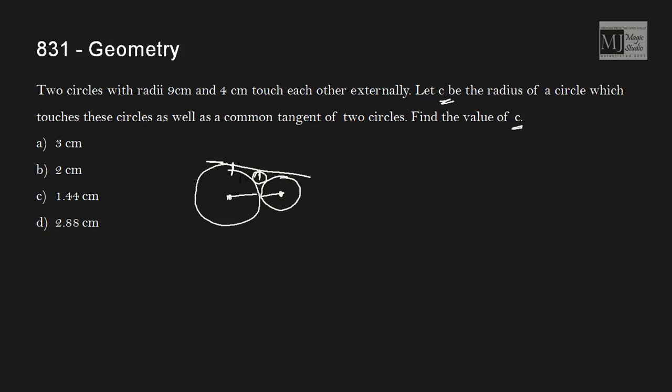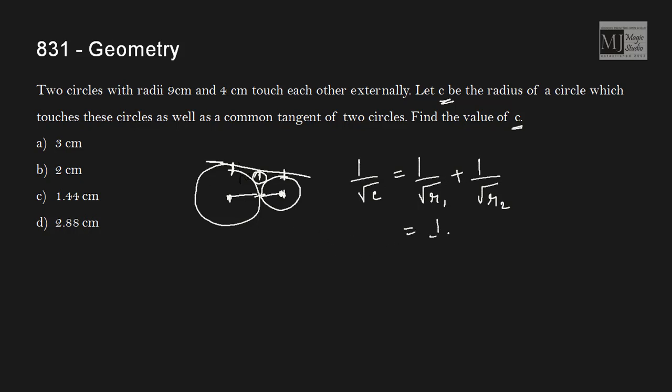Now we should know that in aptitude, if these types of questions come, we should know the relationship between these three circles, which is given by 1 by root C equals 1 by root R1 plus 1 by root R2. Please watch the videos on circles uploaded on this channel where we have explained the derivation of these formulas.